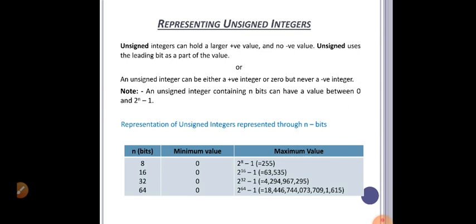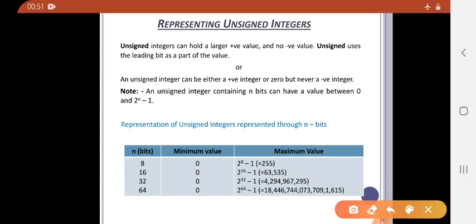Representing unsigned integers. How will we represent unsigned integers? Let us understand in this slide. First of all, we should know what unsigned integers are. Unsigned integers can hold a larger positive value and no negative value.